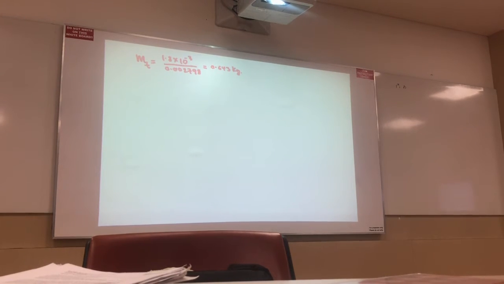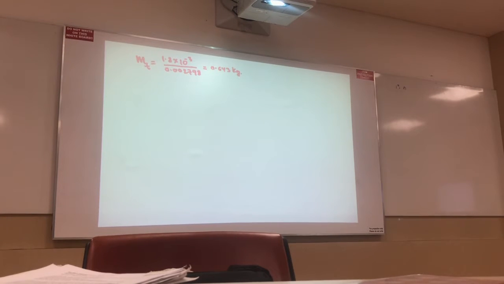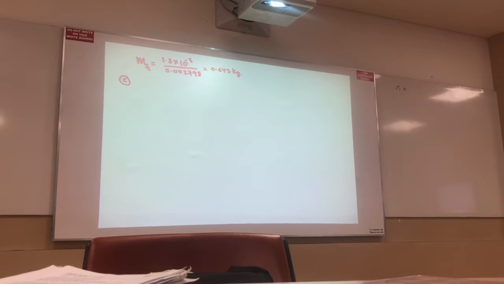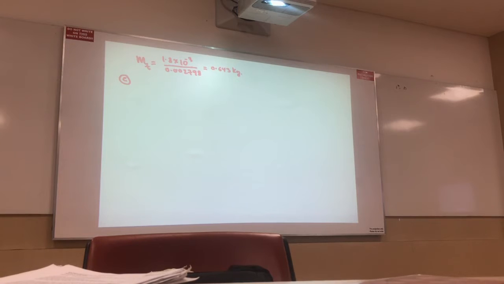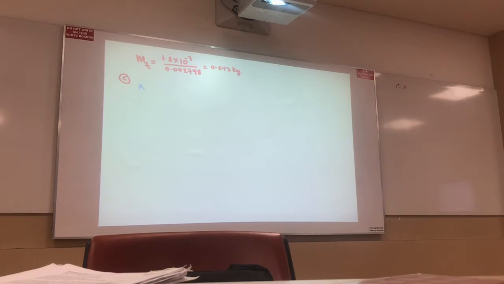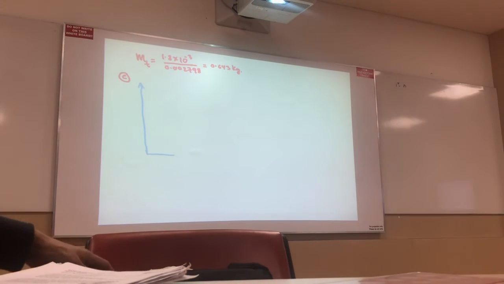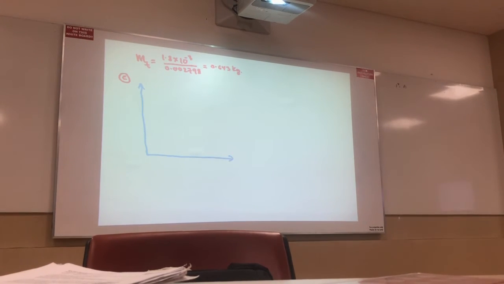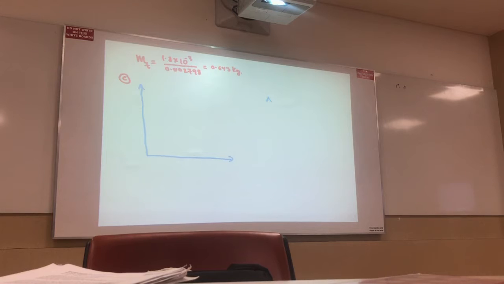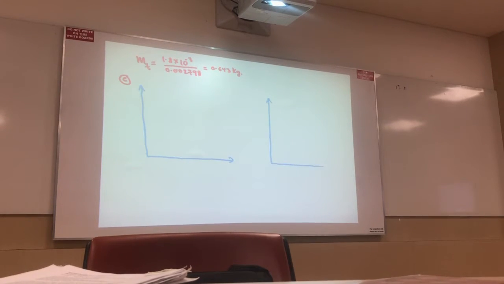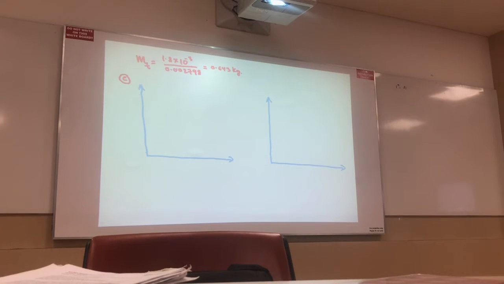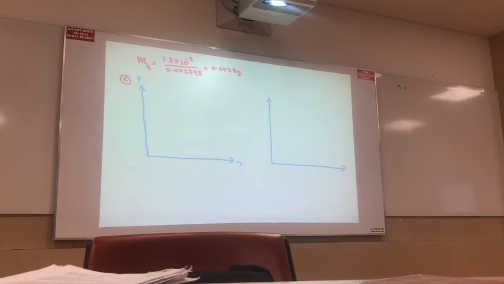Can you show the diagram on TV and PV diagram? First I show one is TV, one is PV diagram. First one I show PV, second one is TV diagram.